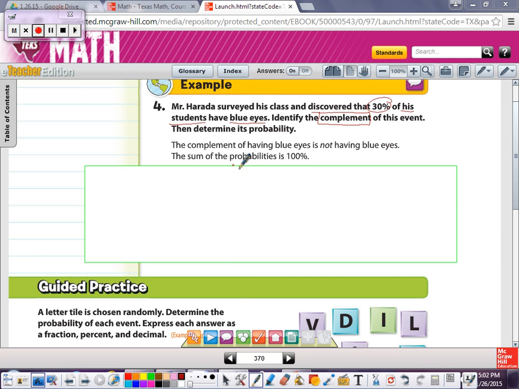The sum of the probabilities is 100%. So the way we can do this is we have the probability of having blue eyes added to the complement, which is the probability of not having blue eyes. And when we add those up, we have that equal to 1 or 100%.